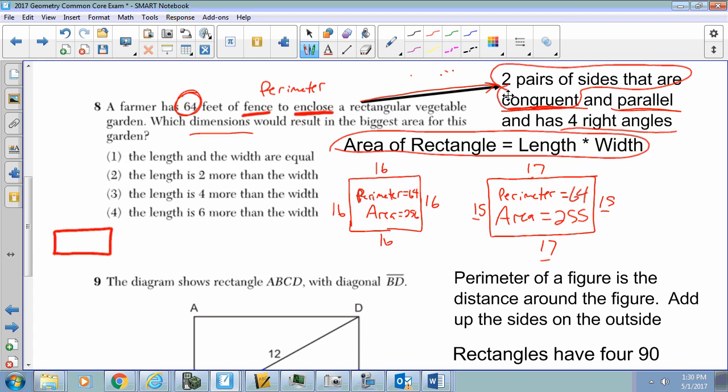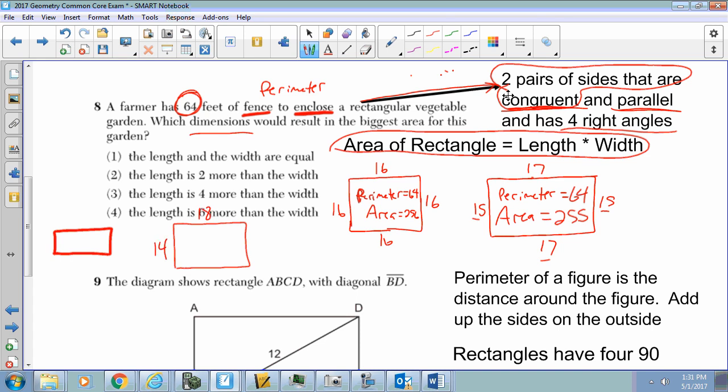All right? Now, what if the length is 4 more than the width? I'm going to draw that over here. The only way that's going to happen is if you have dimensions, and you should be trying to think of this yourself, but the only way that's going to happen is if you have 18 and 14.